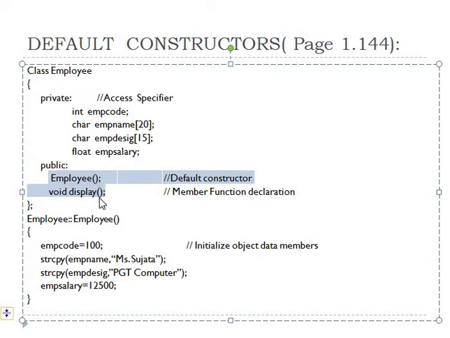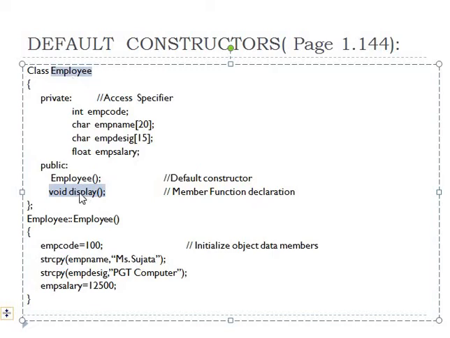Now out of these, one of these member functions is a constructor. Can you guess which one? If you look at this first member function, its name is same as that of the class. So this is the constructor. But if you look at the second member function, its name is display, which is not the same as that of the class because the name of the class is employee.